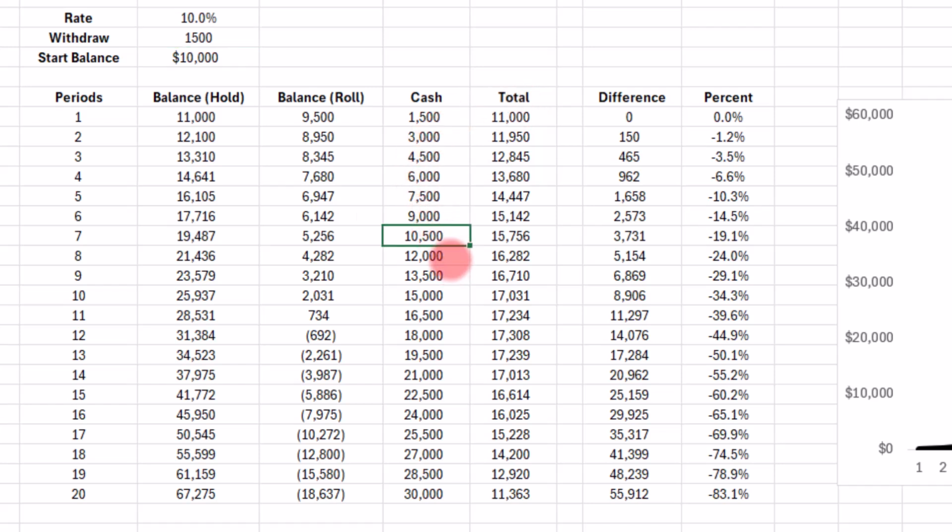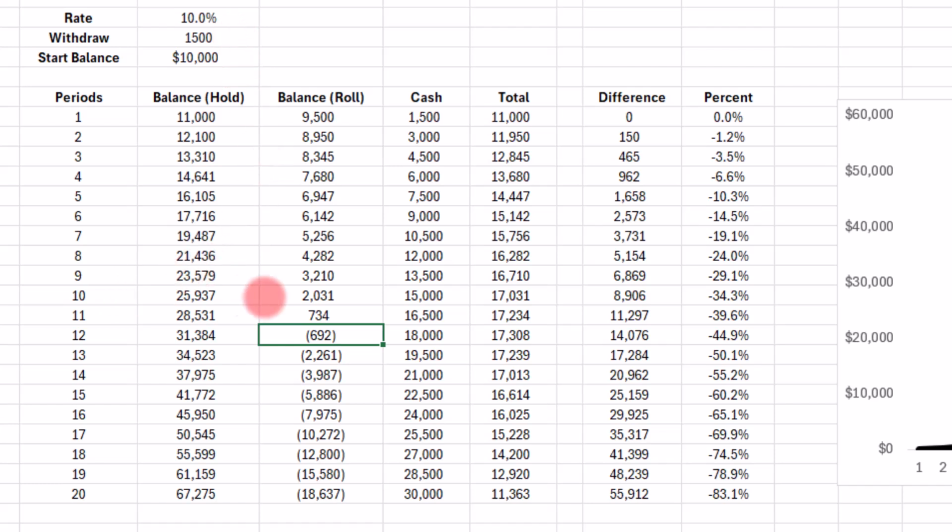You can see you've got $10,500 sitting in your money market after 7 years. So again, it looks like you've gotten all of your money back plus a nice return. But you can also see that you're tapping into principal. You're just kind of getting a return of your own money. That's why these numbers start going negative. You're not earning enough to even generate this $1,500 credit without depleting your principal.